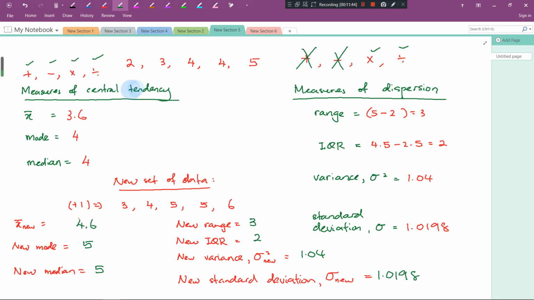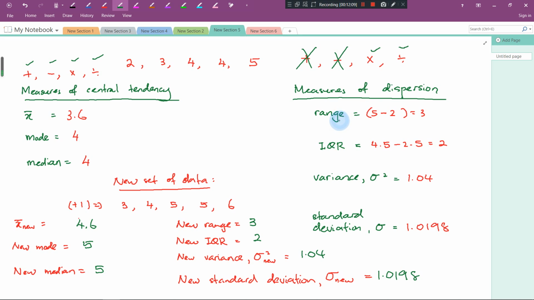For measures of central tendency, mean, mode, median, plus, minus, times, divide, all will affect the new mean, new mode, and new median. You see, this is 3.6. Since every single data you plus 1, the new mean, new mode, new median, you also plus 1. 3.6 plus 1 is 4.6. 4 plus 1 is 5.